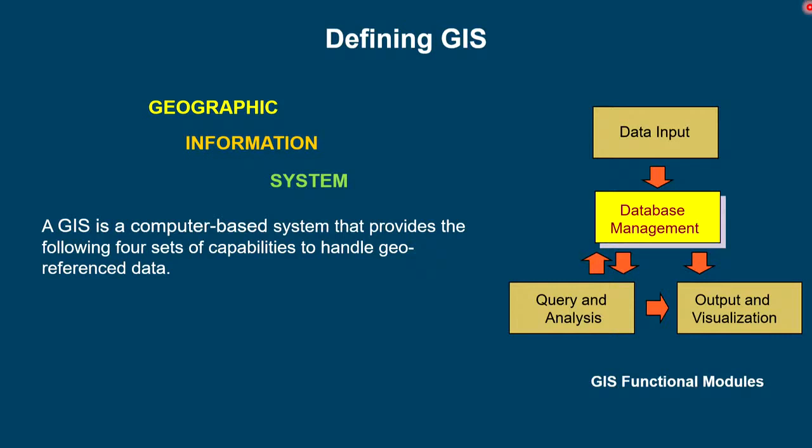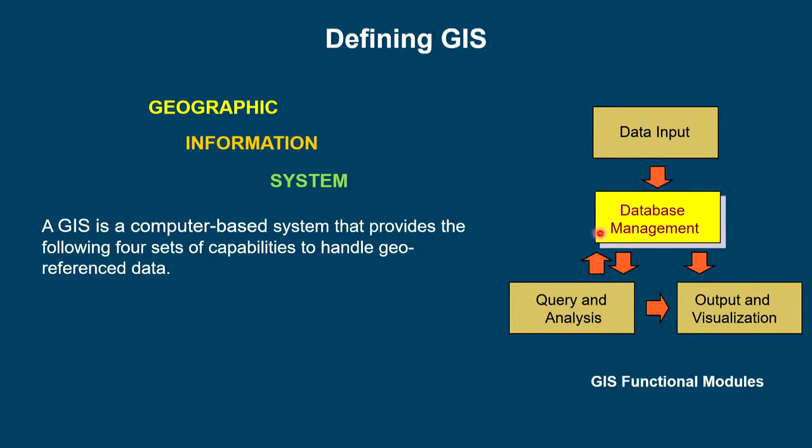In GIS basically we have data inputs, because if you want to create a database known as the GIS database, we need some raw data. Using that raw data we can generate some GIS products. So data input is required, and then we can put it into the computer system and manage it.